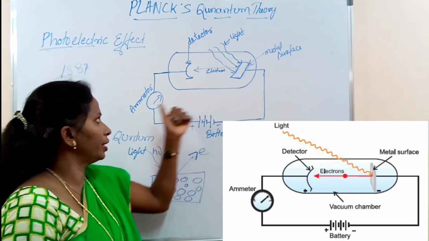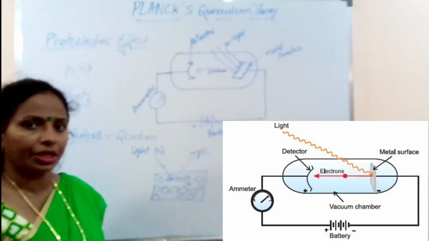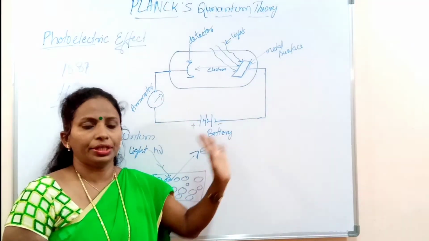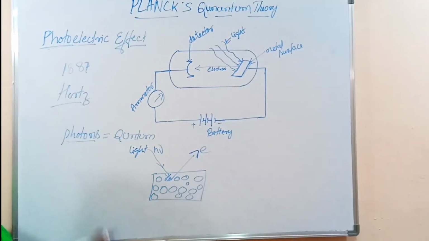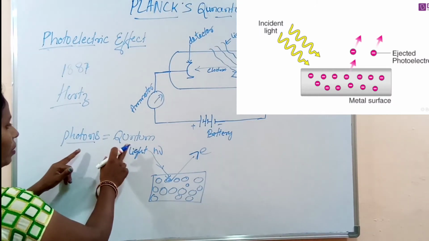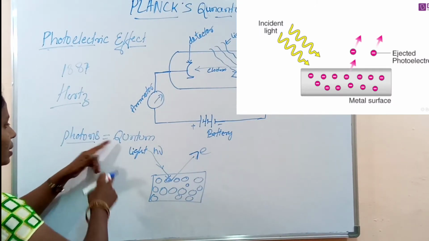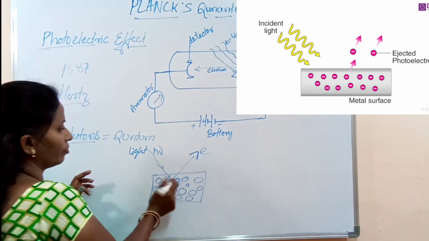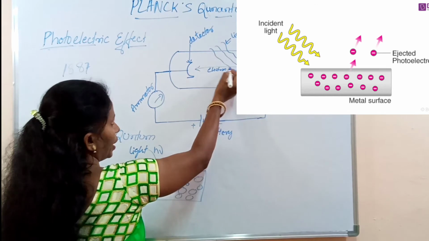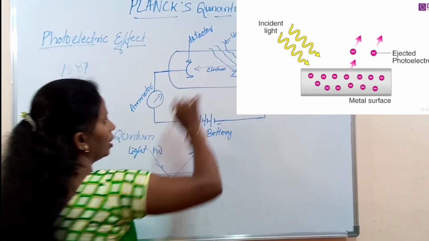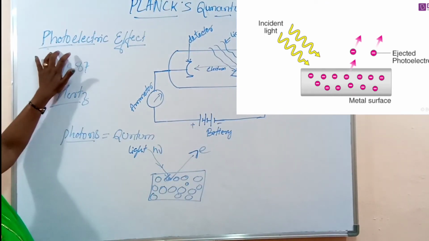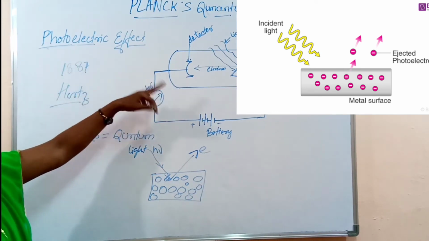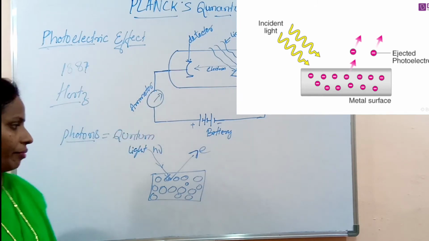There is a flow of current, shown by the ammeter reading. The deflection indicates a flow of current. So when photons are incident on the metal surface, electrons are ejected and there is a flow of current in the circuit. That current is called photoelectric current, and that effect is called the photoelectric effect.